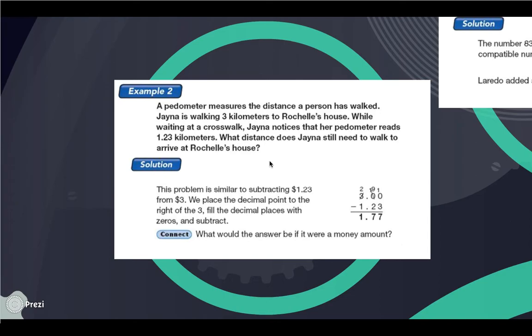You need to add your decimal, because there is no decimal there, and add your zeros in. Then you can subtract 1.23, and regroup, of course. You're going to borrow just like you do with normal subtraction. 10 minus 3 equals 7. 9 minus 2 equals 7. Bring down your decimal point. 2 minus 1 is 1. So what would the answer be if there was a money amount? It would be $1.77.